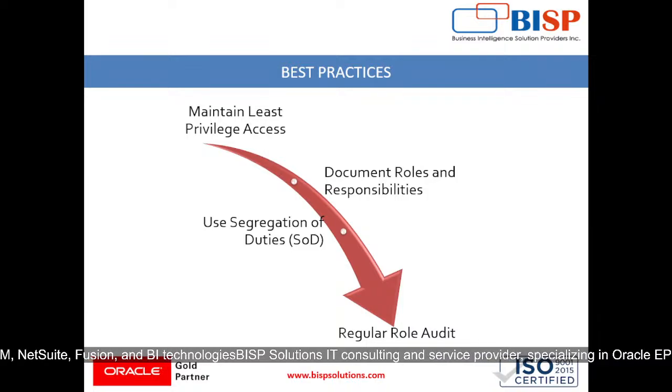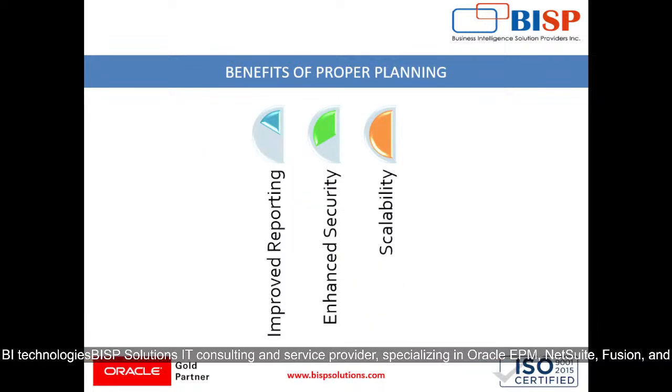We should periodically review roles and permissions to ensure security and compliance. Then the benefits of proper planning: improved reporting, which means an accurate subsidiary hierarchy ensures consolidated and localized financial reporting. Enhanced security, where role-based access minimizes the risk of unauthorized actions.